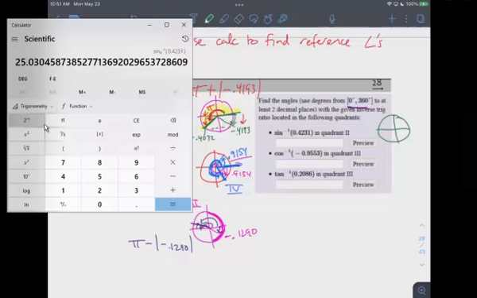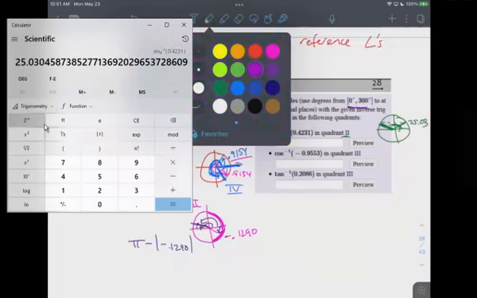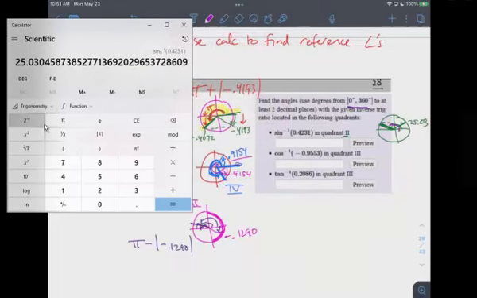So that's going to be right about here, 25.03. When I want to find in quadrant 2 the same y-coordinate, the same height, I'm going to have this whole angle from here to here, from the initial side to this terminal side. That's the angle I'm looking to find, and I can find it using this reference angle, because this angle right in here is also going to be 25.03.